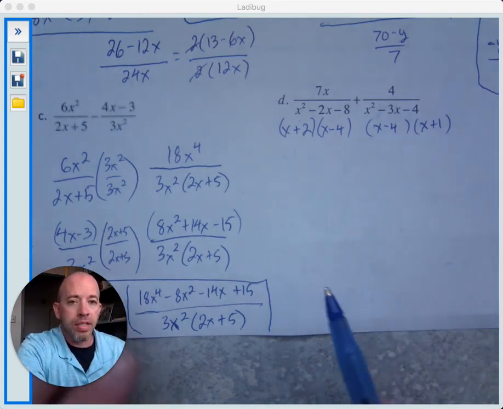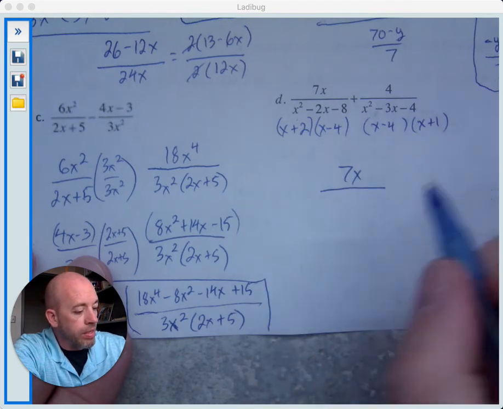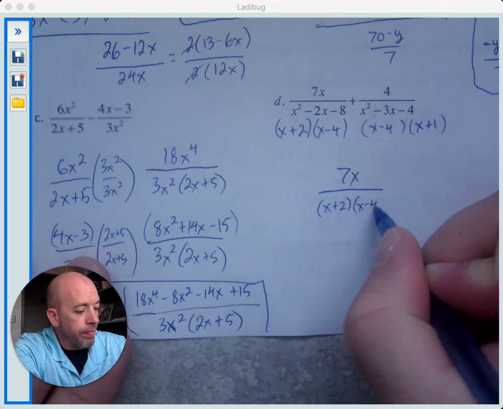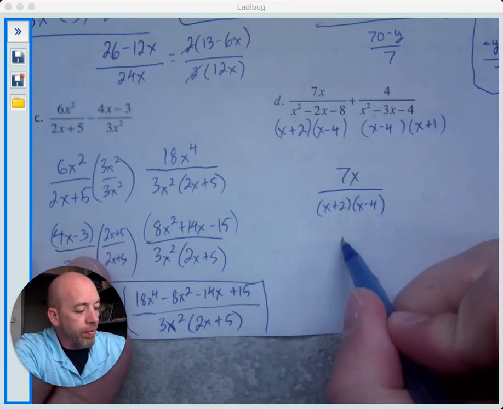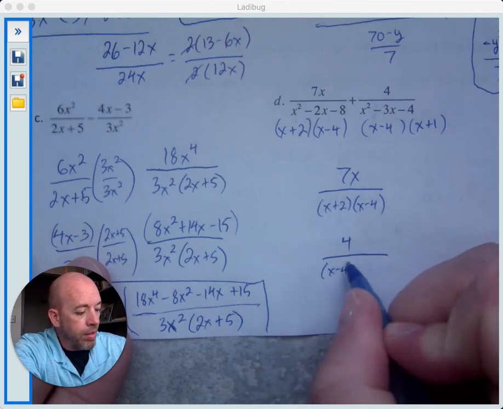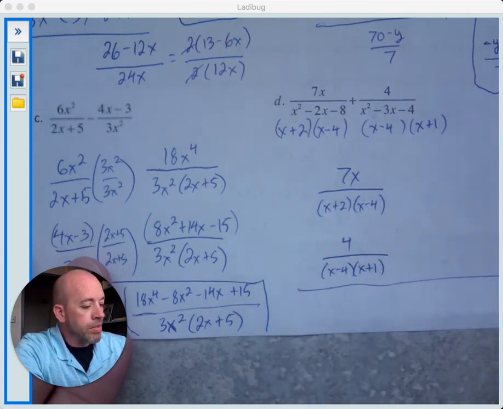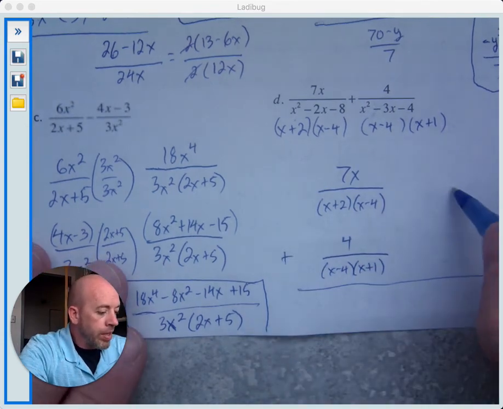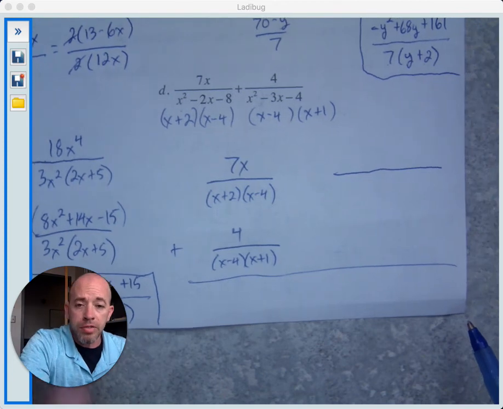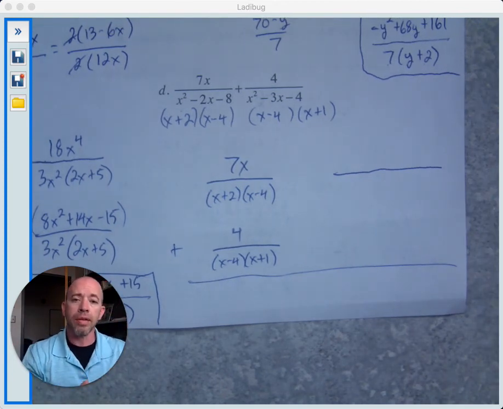So your LCD, let's think about this. We're going to write this down. So we have 7x over x plus 2 times x minus 4, and 4 over x minus 4 times x plus 1. And we're adding those together. When I go to find my LCD, it needs to contain one of each factor, but if one shows up in both places, we don't need to list it twice.